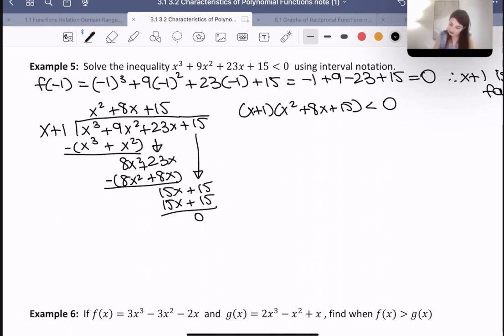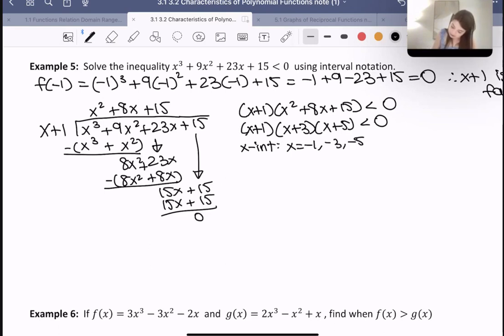And then I need to fully factor this, so I need to do x plus 1, and then I need to figure out two numbers that add up to 8 and multiply to 15, and those numbers are 3 and 5. So therefore, our x-intercepts are x equals -1, -3, and -5.